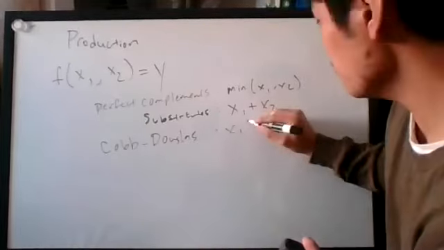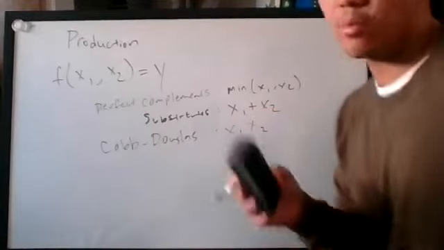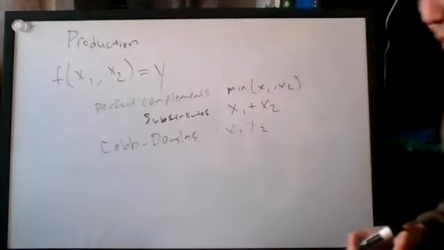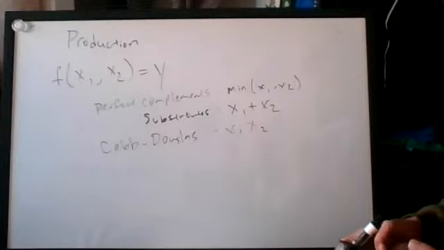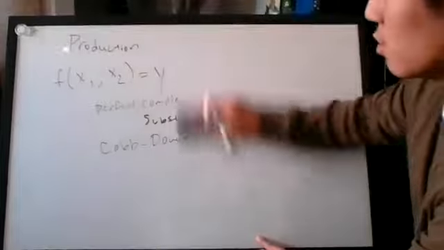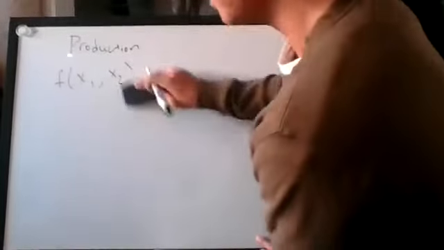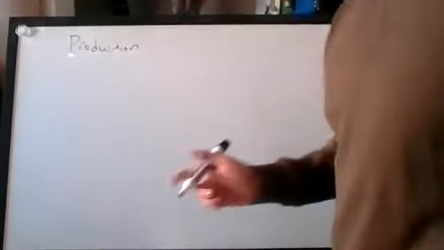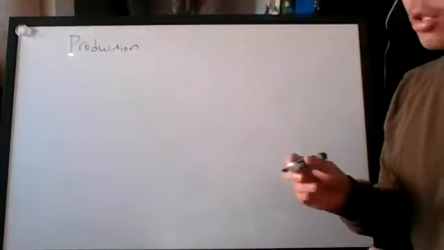So the production function works exactly in the same way that the utility function works, right? If you remember that utility functions corresponded to indifference curves, basically the same is going to be true.